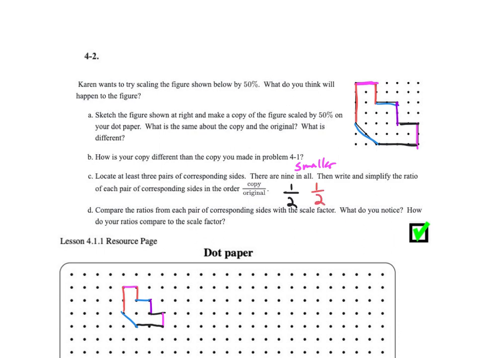The copy of that pink side was 1, the original was 2. If I even go for the longer sides there, my copy of this side here is going to be 2, and this is going to be 4. So 2/4. So they're all creating that 1/2 thing there.